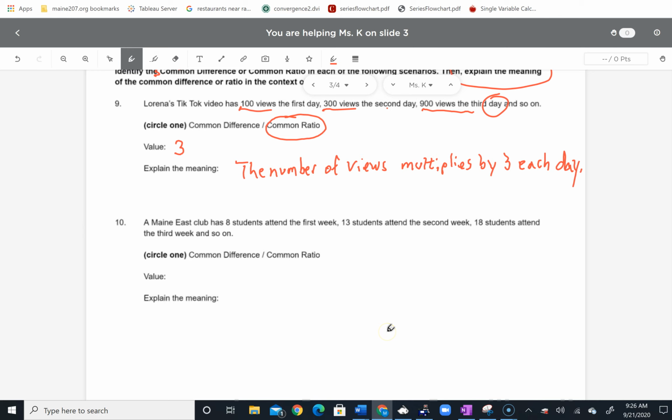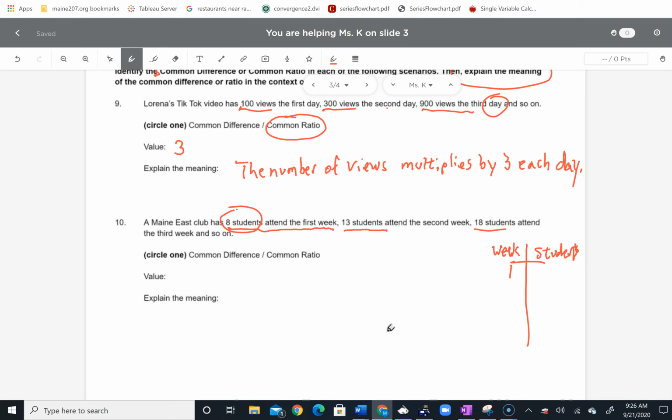Finally, on this slide 3, it says a Manies Club has 8 students the first week, 13 students the second week, 18 students the third week. So time generally is your input. So we've got students is what we are counting, what we're measuring. And what are we seeing?